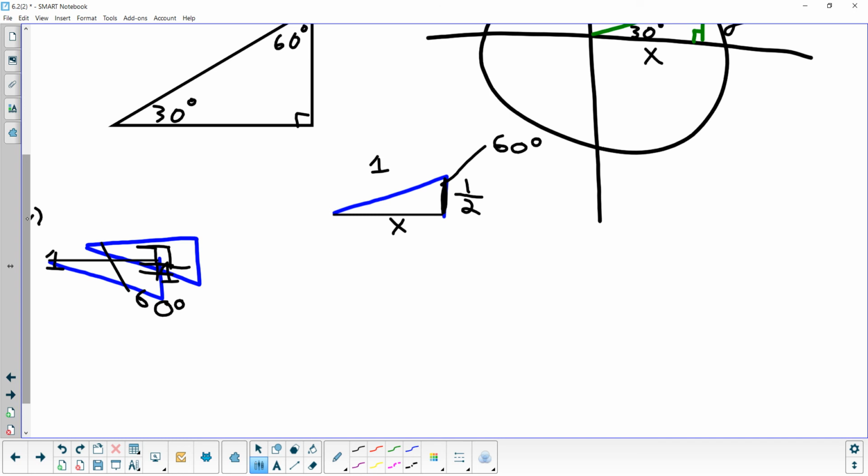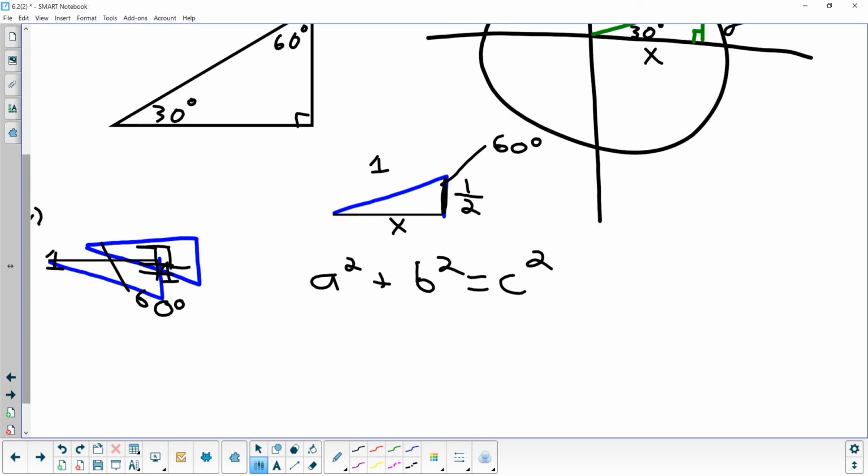You want to help him out? What's the formula of the Pythagorean Theorem? Yep. a squared plus b squared equals c squared. Can you tell me what the a, the b, and the c are? The a is 1/2 and the b is x. You don't even have to be specific. Just tell me in general, what are a and b? The lengths that aren't the hypotenuse. And what's c? The hypotenuse.